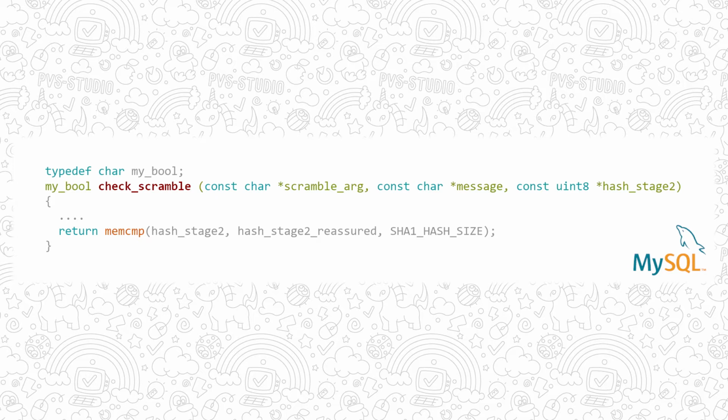At the end of the function, the value of the memcmp function is returned, whereas it is an integer type. The problem is that when an integer is implicitly cast to the char type, the high bits will be cut, which under certain circumstances will allow an attacker to guess a password.